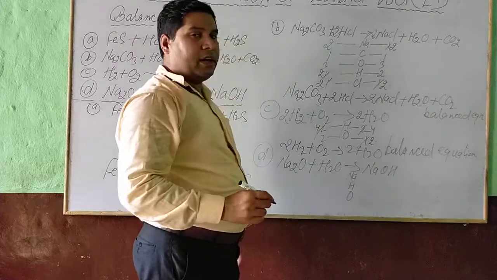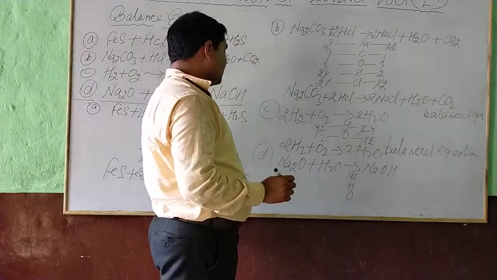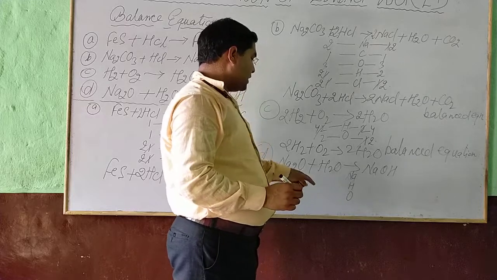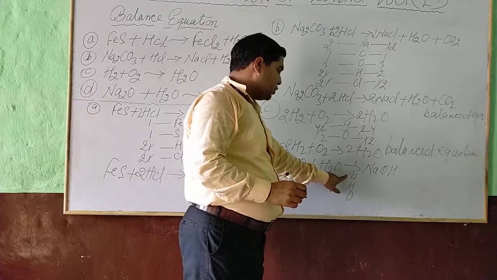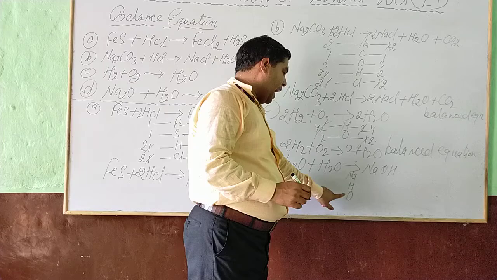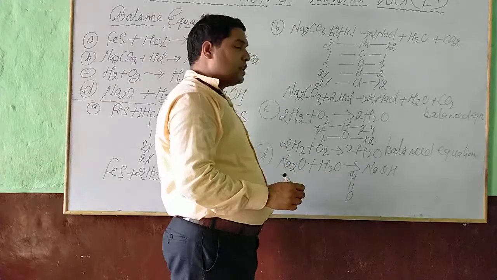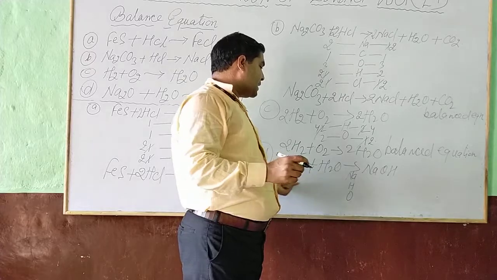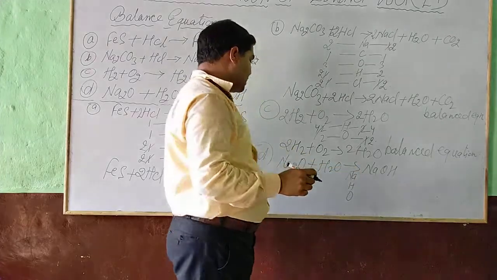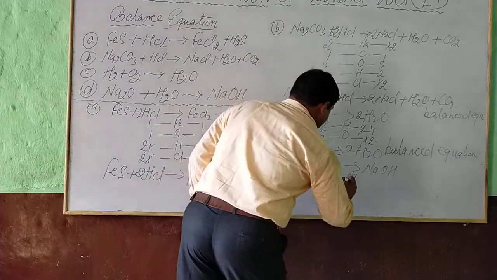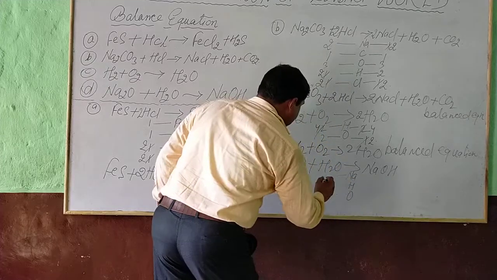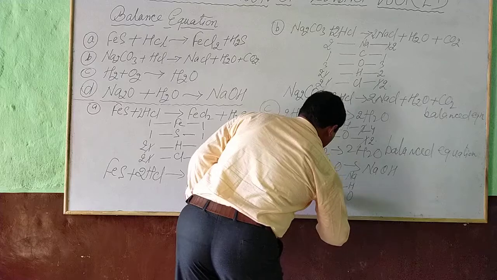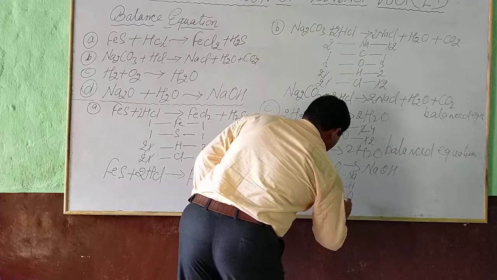We will count the number of the elements. You see here three elements are here: sodium, hydrogen and oxygen. Now we will count the number of atoms of the elements in the reactant side and the product side. So dear student, you pay attention here. Sodium in the reactant side 2, hydrogen also 2 and oxygen also 2.